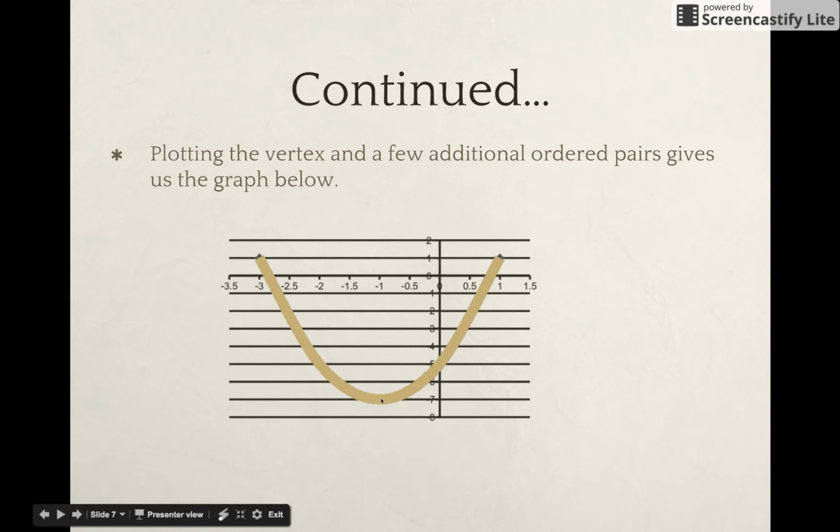So this vertex is, for a quadratic function, a turnaround point. It also happens to be the lowest point on the graph for this parabola, and it could also be the highest point for a parabola that's opening downward. That'll be an important point as we look at applied scenarios.